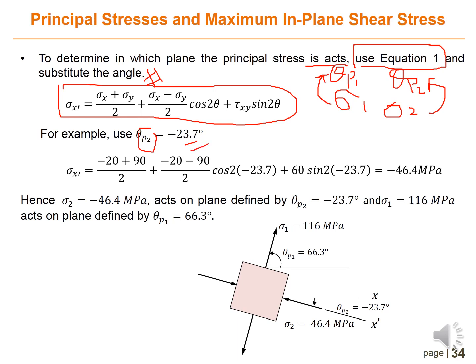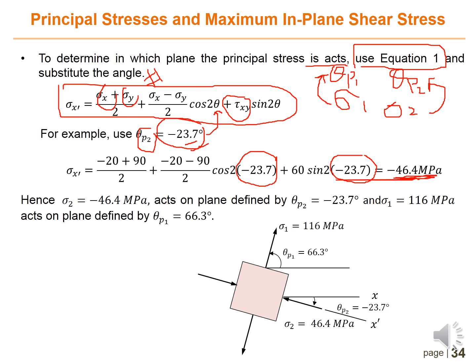We substitute this 23.7 into the theta value, and sigma x, sigma y, and tau xy we just substitute from the values given in the question. Substitute theta equals negative 23.7 here and also here, and you will get negative 46.4 megapascal.